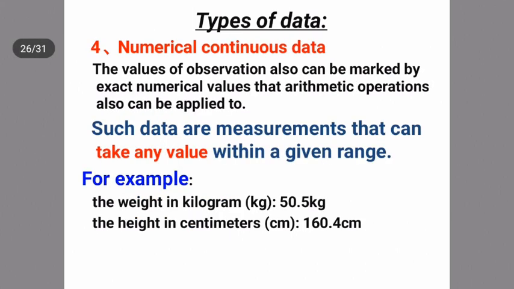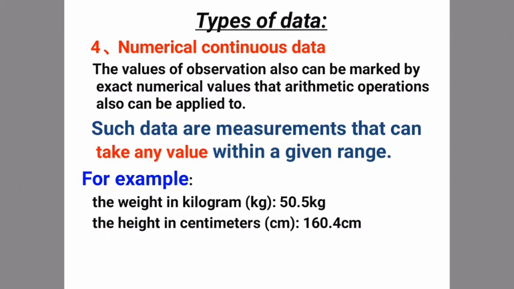The other type of numerical data is numerical continuous data. The value of observations can also be marked by exact numerical values, but unlike numerical discrete data, numerical continuous data is allowed to take a value with decimals. It can take any value. It can be an integer, and it can also be a decimal.